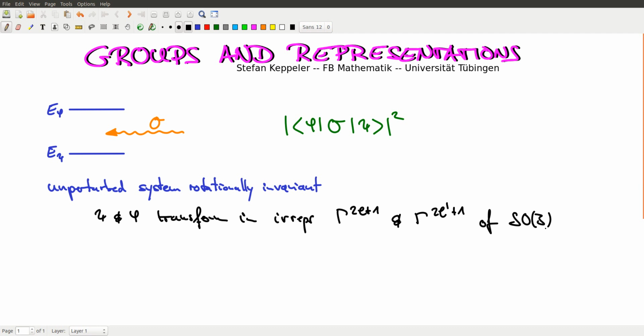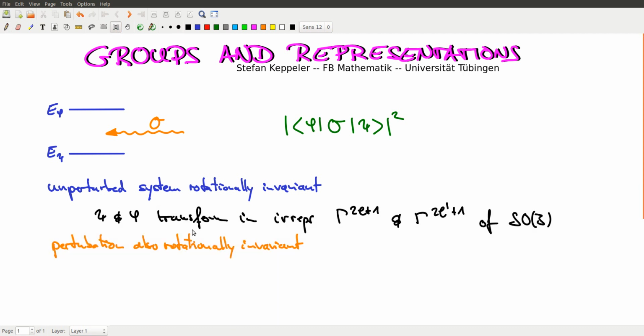Saying that these states transform in these irreps, I mean there are irreducible invariant subspaces, and we can introduce some basis where this is one basis vector for such a subspace, and then it can be complemented to a full basis of an invariant subspace carrying this irrep.